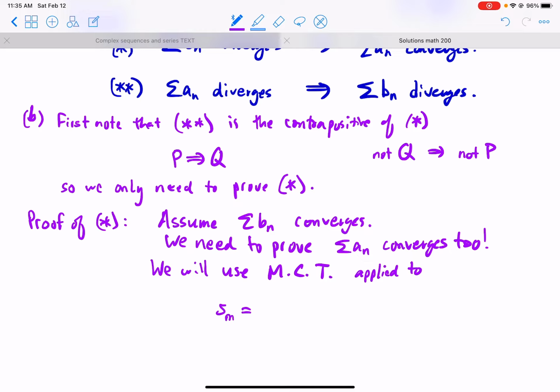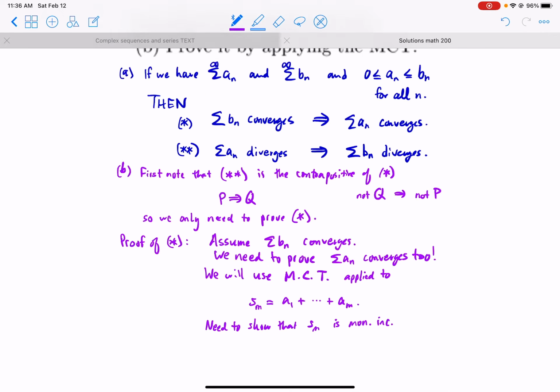Let's define s_m equal to a_1 all the way up to a_m, this partial sum. So to apply the monotone convergence theorem, we need to show that s_m, this sequence of partial sums, is monotone, either increasing or decreasing. This one will be increasing. Because, why?